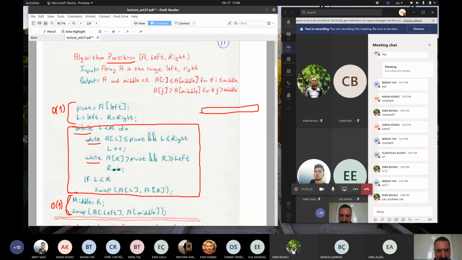So you said that in this first while loop, in the worst case, L starts here, and then we keep on moving L towards the right. It might be the case that this first while loop may require n time. Same might be true for the second while loop. But how do you arrive at n squared?